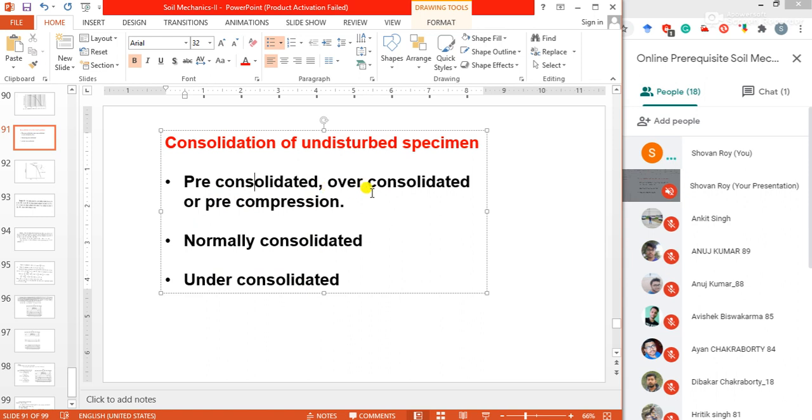One has already taken its maximum load, and this condition is taking load but is not consolidated. Some consolidation, some settlement, remains left in the soil mass. So this is the difference between pre-consolidated, normally consolidated, and under-consolidated.